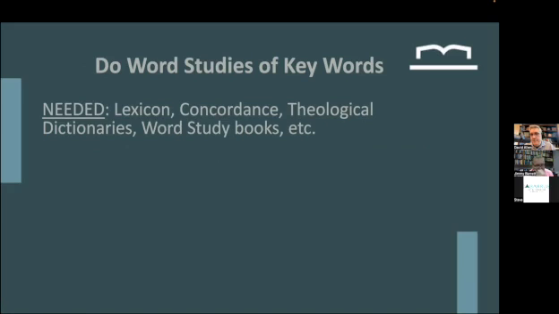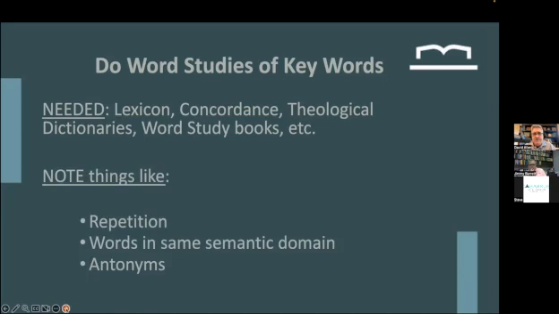There are many other good ones, but you need one to look up these words and see how they are used. Or you can use word study books that do word studies on key words in the New Testament. All of these are tools you can use to do word studies. You have to have the right tools to do that.